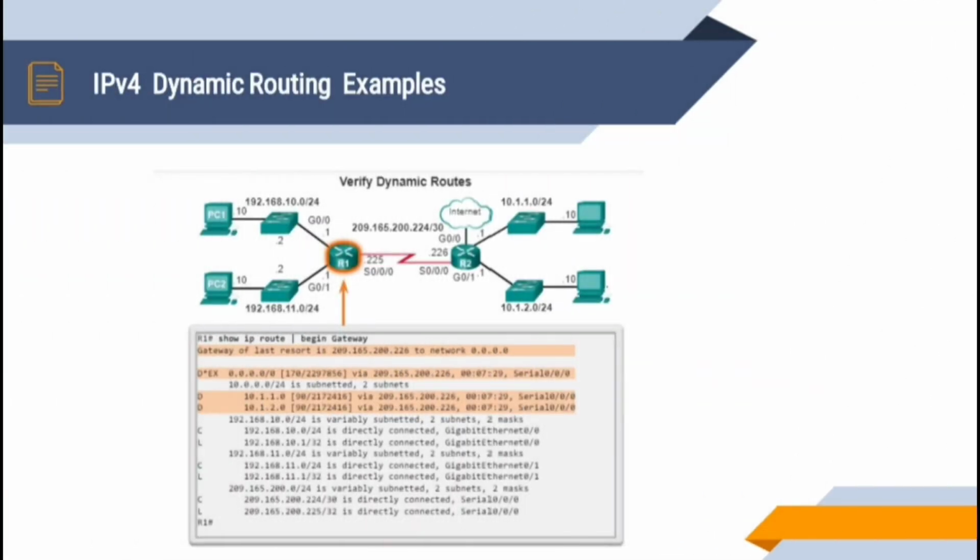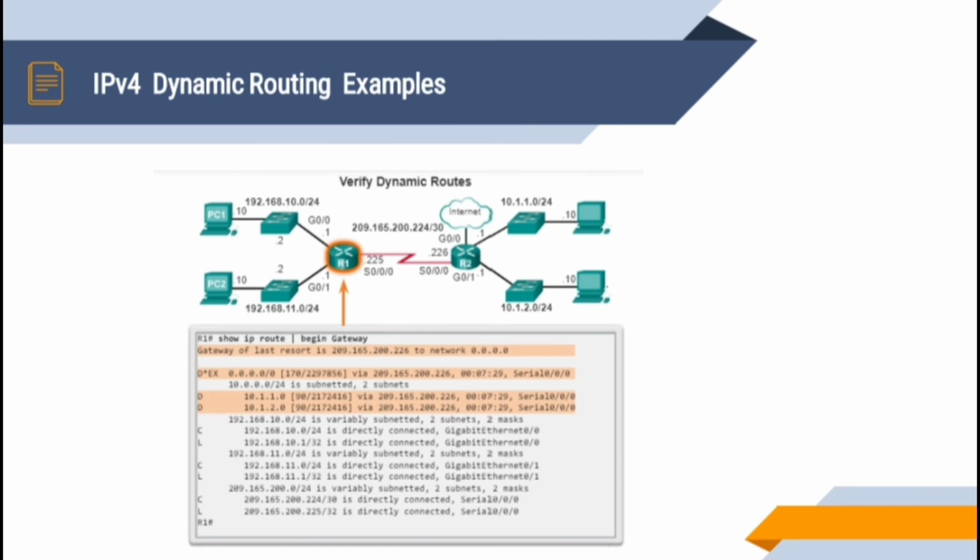Next up is IPv4 dynamic routing examples. In this dynamic routing example, assume that R1 and R2 have been configured to support the dynamic routing protocol EIGRP. The routers also advertise directly connected networks.